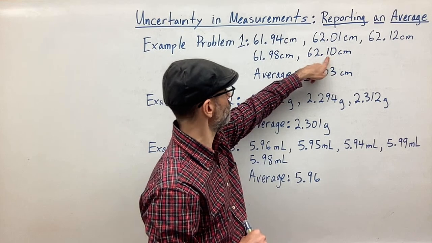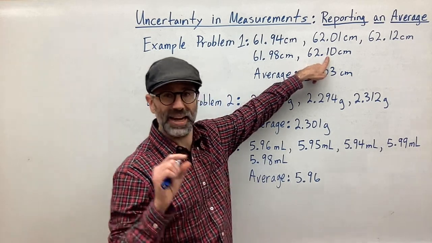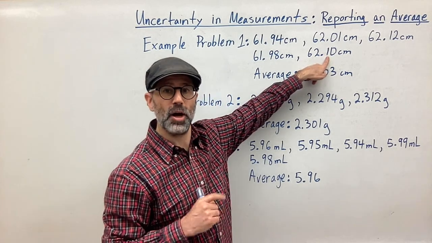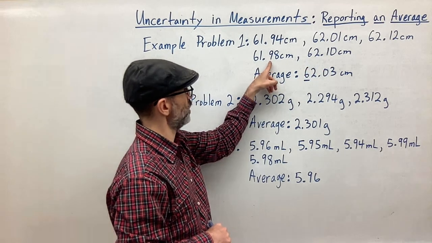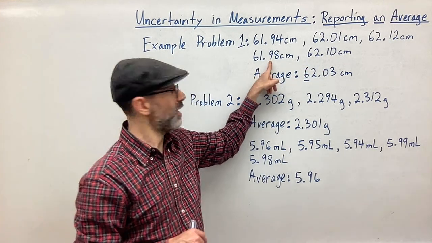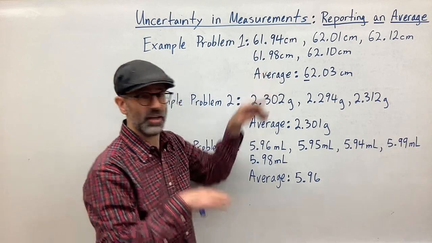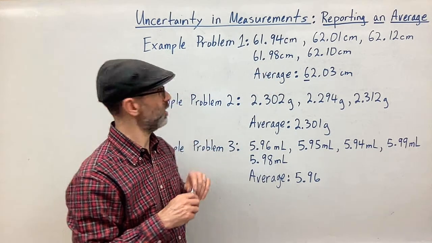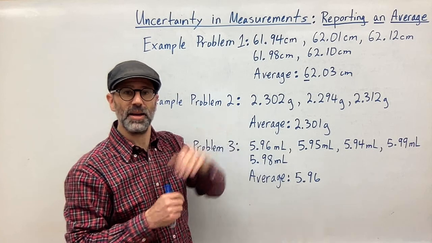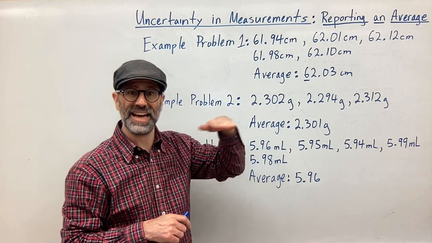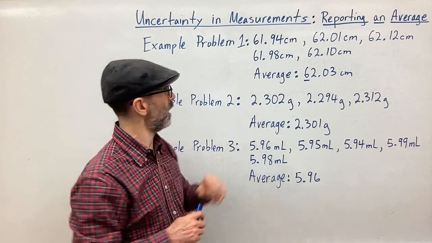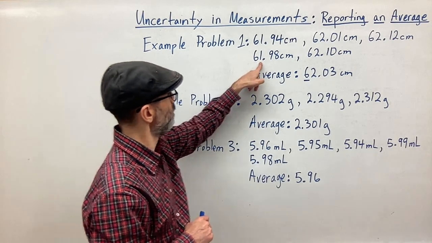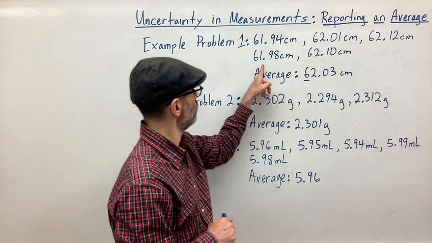And our tenths place is uncertain, not as much fluctuation, but you want to notice something here: the fluctuation in the tenths place is occurring around the 0.9 mark, right? So it's basically on the edge of a measurement, between 61 and 62.